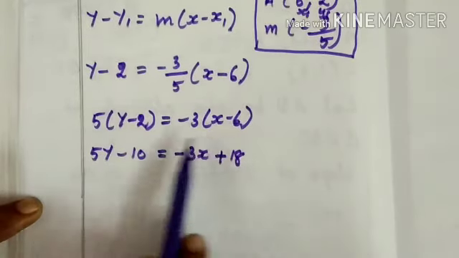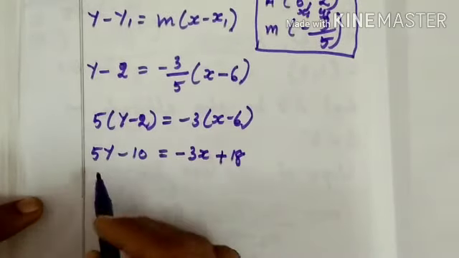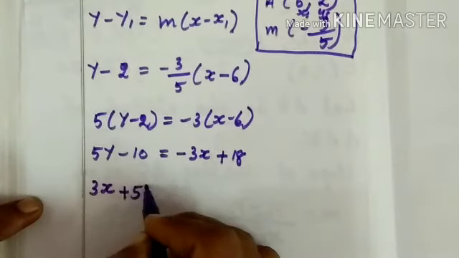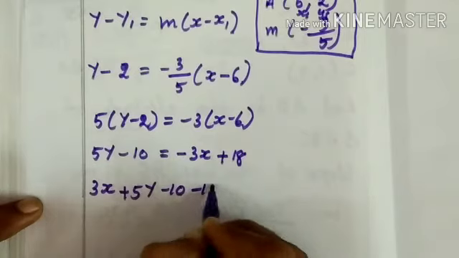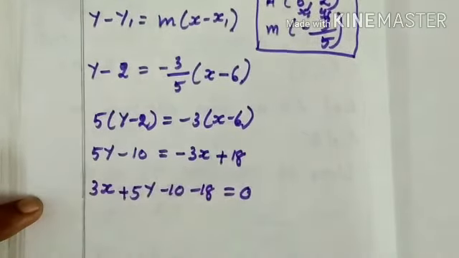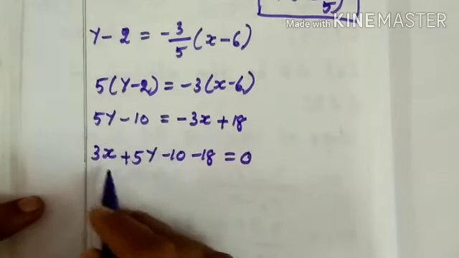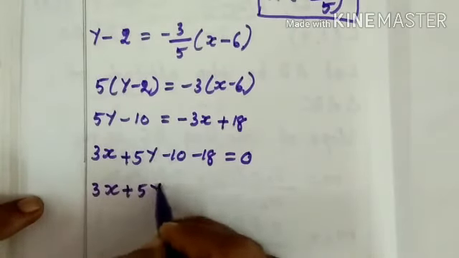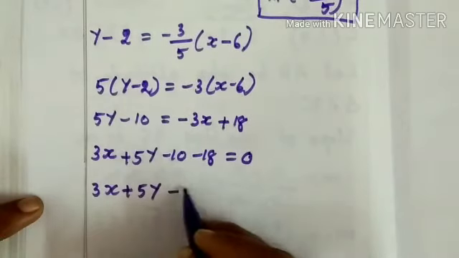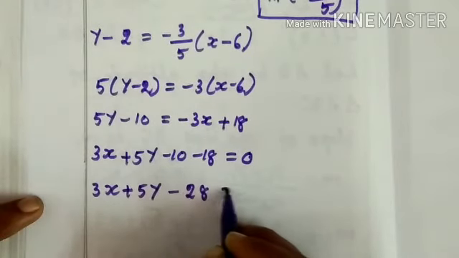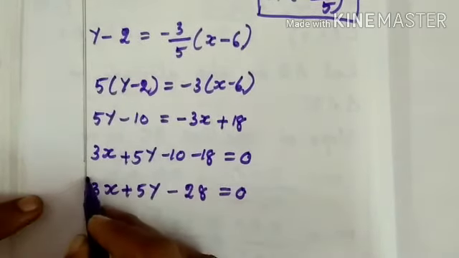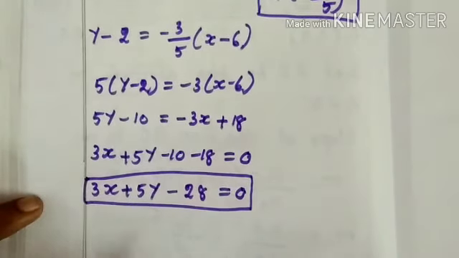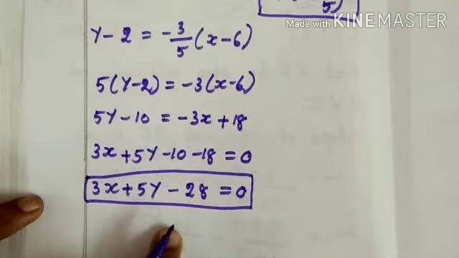So, transpose this term before the equal, and we get 3x plus 5y minus 10 minus 18, that is 3x plus 5y minus 28 is equal to 0. This is the equation of the required straight line.